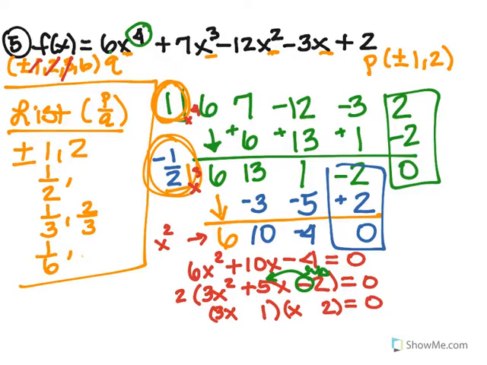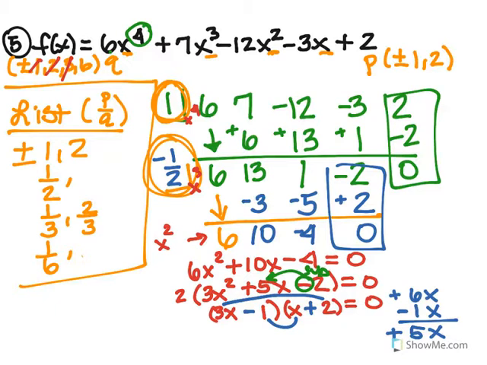Because if you check that, outer inner, that would give us 6x and 1x. And I know if I subtract, that's a 5. Now make sure your signs are right. 5x in that polynomial is positive. So you must have a positive 6 and a negative 1. So my 1 has to be negative. My 2 is going to be positive because 2 times 3 is how I made 6.